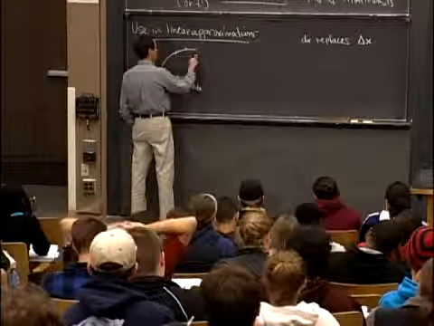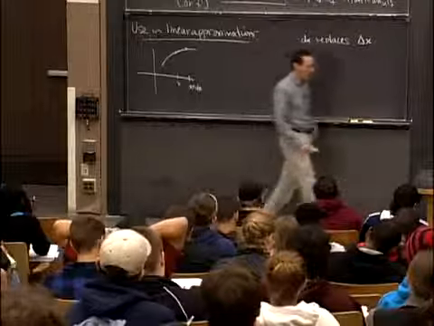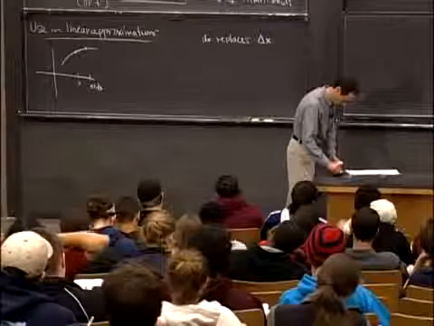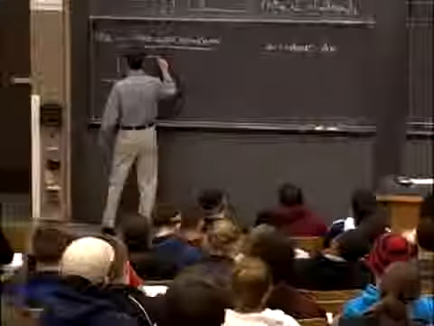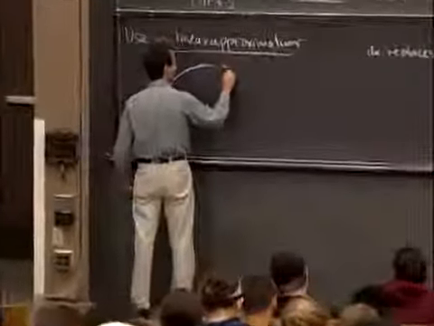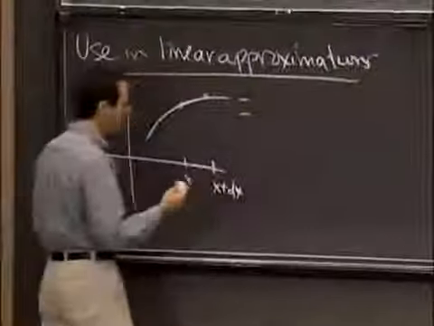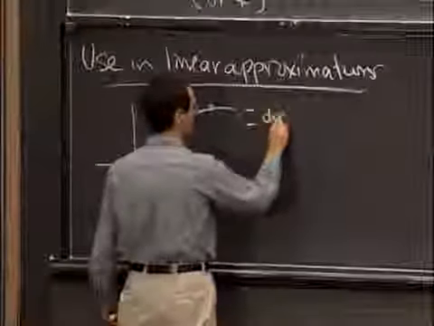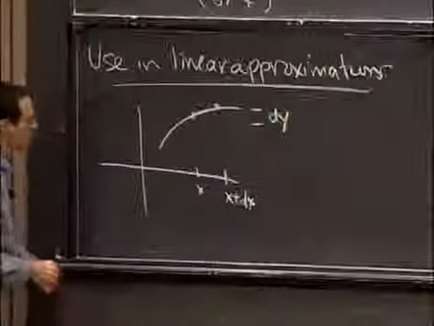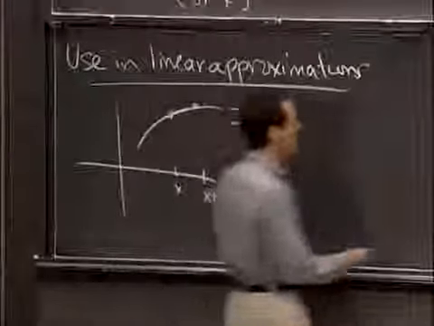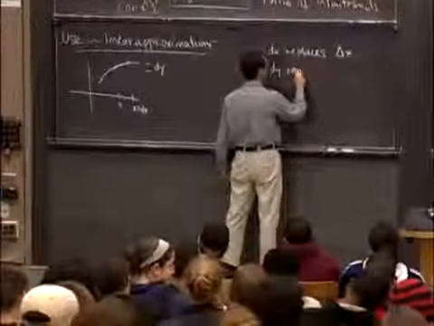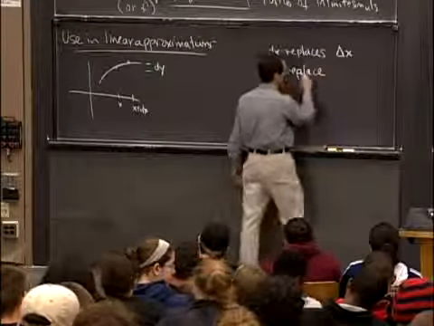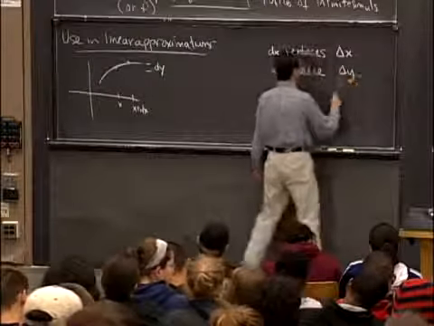Similarly, if you see how much we've gone up, this is a small bit here. So this distance here, previously we called it delta y, but now we're just going to call it dy. Okay, so dy replaces delta y.